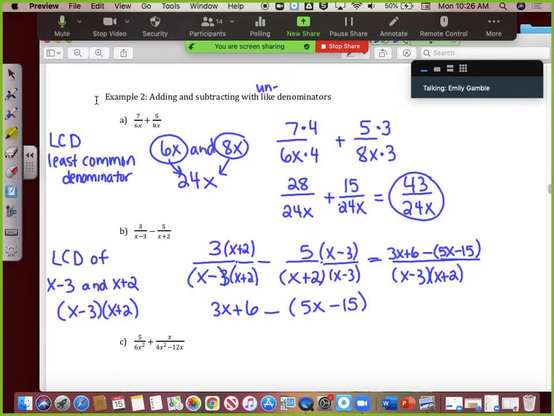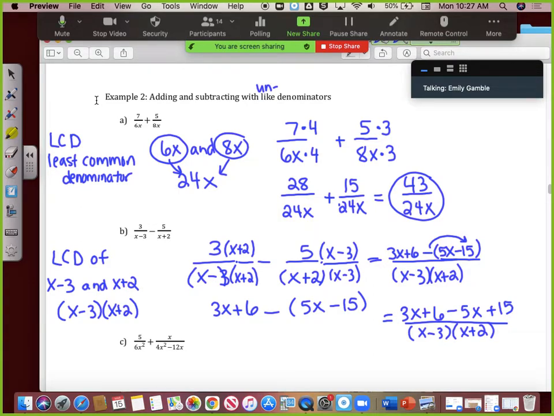So because I'm subtracting, it makes things a little bit trickier since when you are subtracting a polynomial, that minus sign needs to get distributed to everything on the right-hand side of the parentheses. So it's going to end up being 3x plus 6 minus 5x, and then it's going to end up being plus 15 because this negative is going to get distributed to the negative 15, turning it a positive, over x minus 3 times x plus 2.